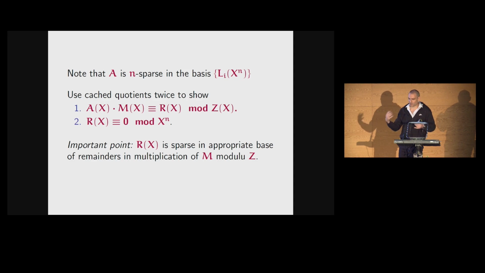And again, because of the linearity of division, if we start off with a sparse a, r is going to be sparse in an appropriate basis of remainders, like in the multiplication of m mod z.